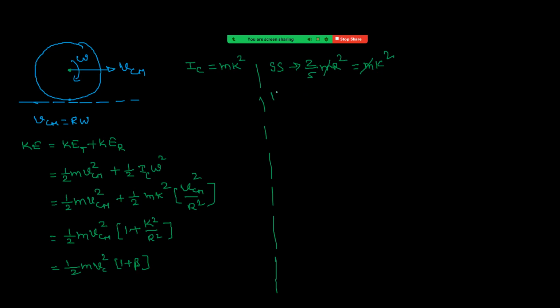If you take a hollow sphere, about any diameter, it is 2 by 3 m r square. By taking about a diameter, we mean the axis passing through the center of mass, its own axis. This is equal to m k square. That means in this case, k square by r square, that is the beta value, is 2 by 3. So now you can guess that for a ring it is 1, and for a disc it is 1 by 2.